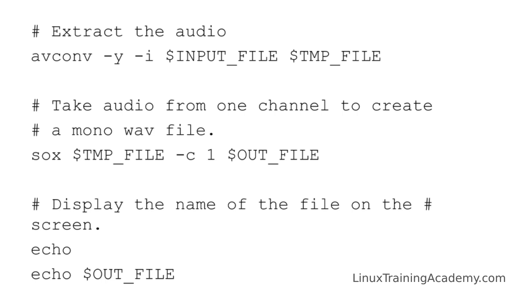So the avconvert command just extracts the audio from the input file and saves it as a WAV file. Next, the sox command will take the audio from channel 1 and then save it to a mono file so that the audio comes out both speakers. Next, I display the name of the file to the screen so I can easily copy and paste it if I want to. And finally, I clean up my temp file by removing it.